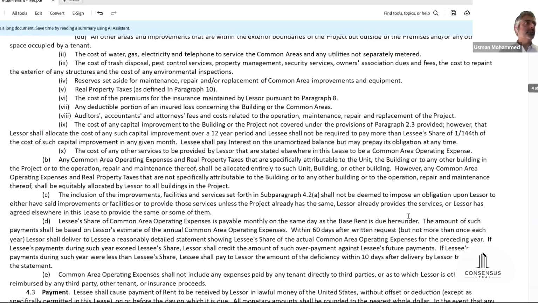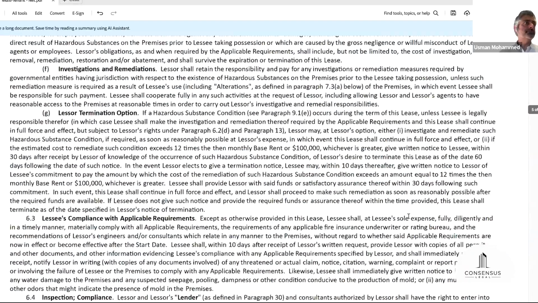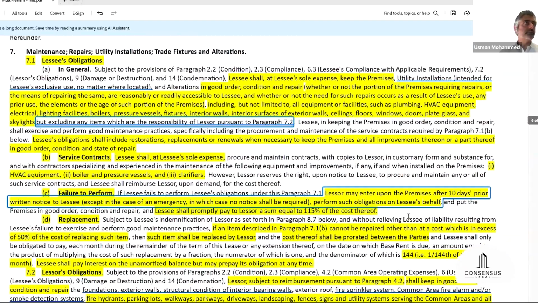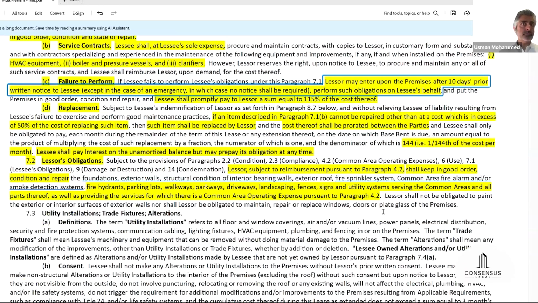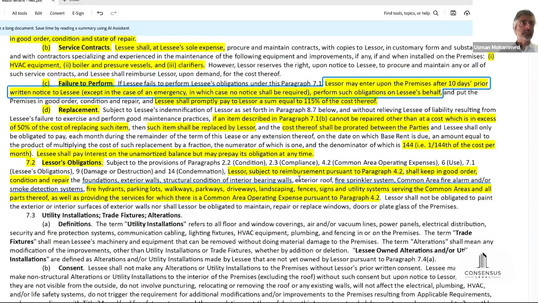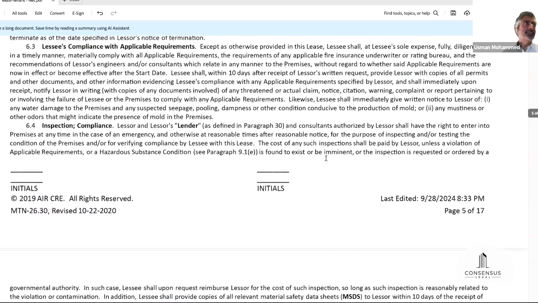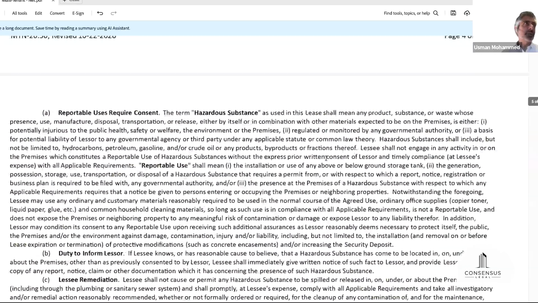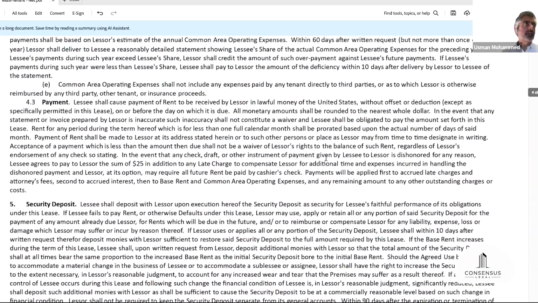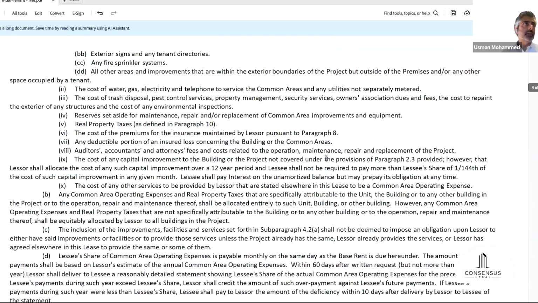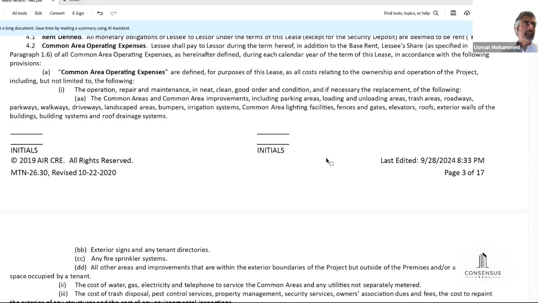And in 7.2, lessor's obligations to repair and maintain, as Alejandro mentioned, are subject to reimbursement pursuant to paragraph 4.2. So let's go to 4.2. And by the way, 4.2 is the subject of an earlier webinar. My webinars are on YouTube, so they can be viewed at any time.